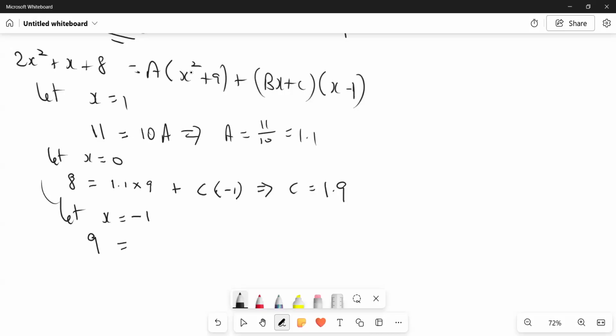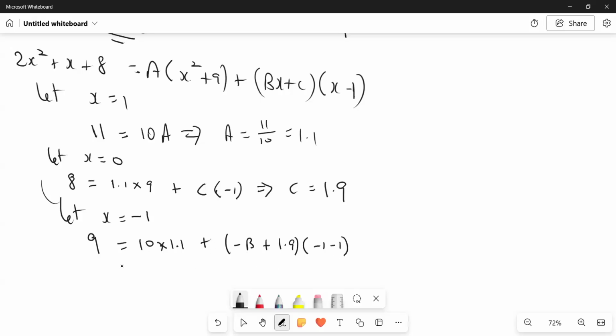Minus 1 squared is 1 plus 9 is 10. 10 times A, which is 1.1, plus, we don't know B, right? So down here is going to be minus B plus 1.9 times x, which is minus 1.